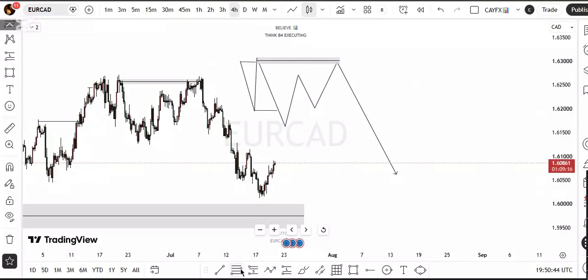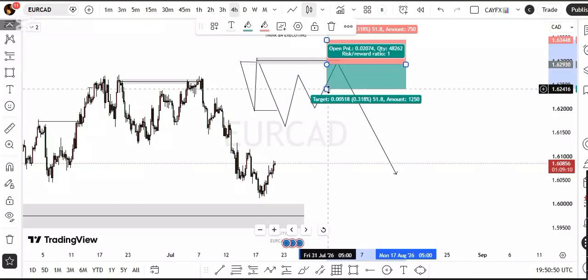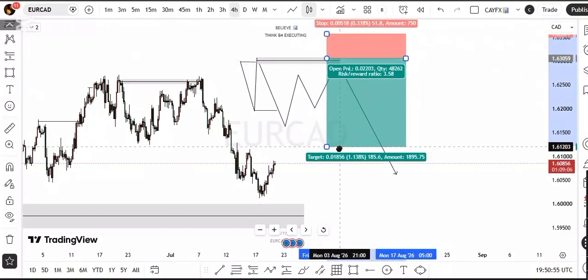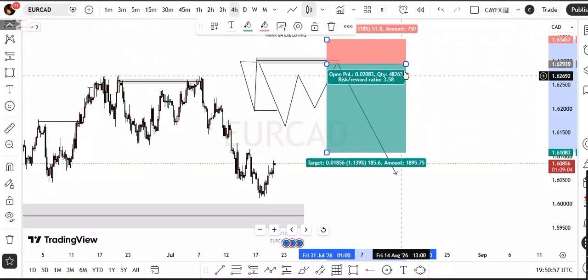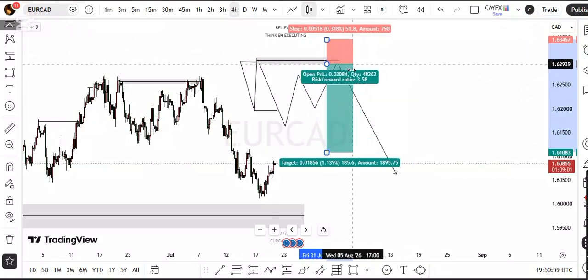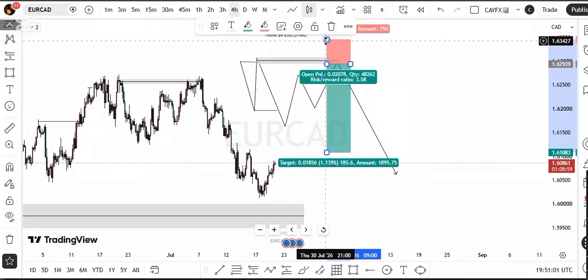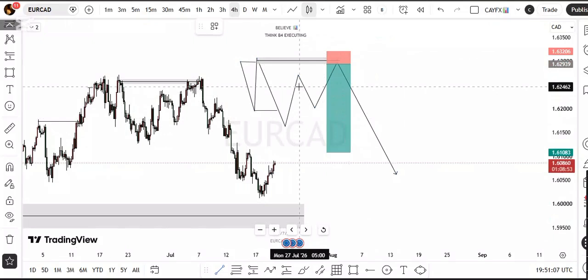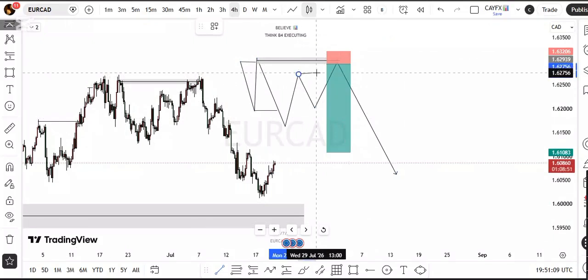Once I see this, I know this is where I'm putting my sell setup. All right, I'll put it here and target myself, using this as my liquidity. The market has already given me liquidity.